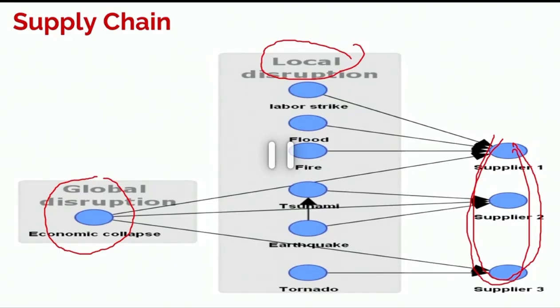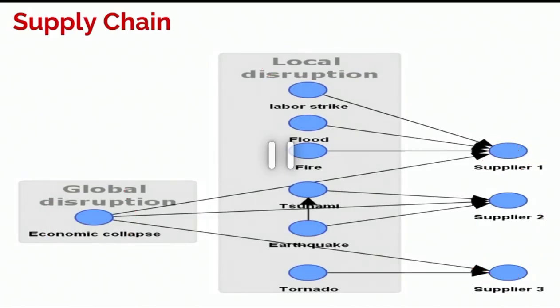Okay, the global disruption is economic collapse that could affect everybody, all suppliers. And not only that, the local disruption could also affect the suppliers. But there are different kinds of local disruption: labor strike, flood, fire, tsunami, earthquake, and tornado can actually affect suppliers.